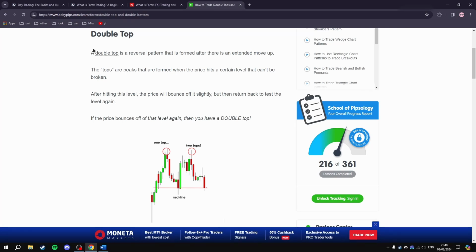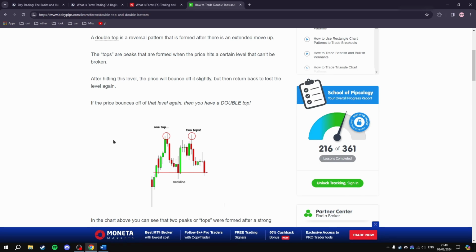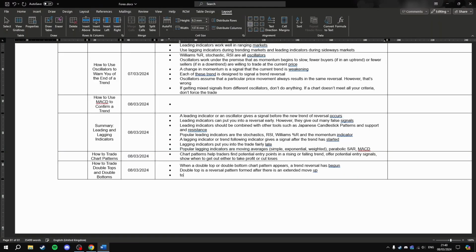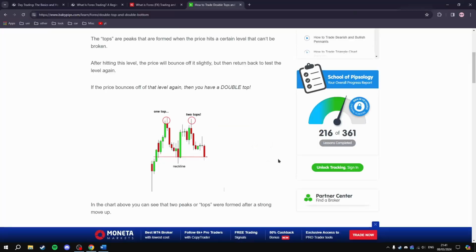The tops are peaks that are formed when the price hits a certain level that can't be broken. So like the resistance level then.